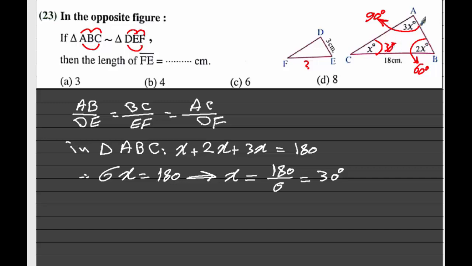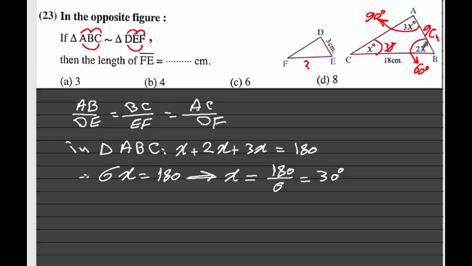So the side length which is opposite to the angle of measure 30 equals half the hypotenuse. Here the hypotenuse is CB, it is opposite to angle A, so AB equals half BC. Half multiply 18 is 9 centimeters.